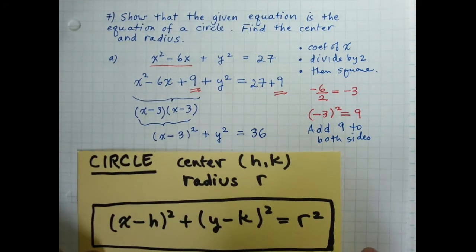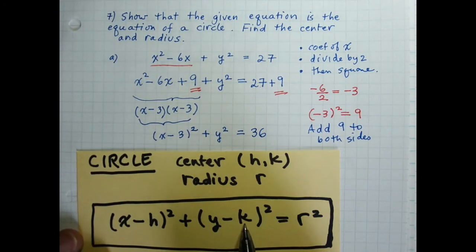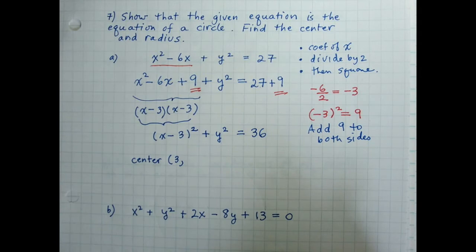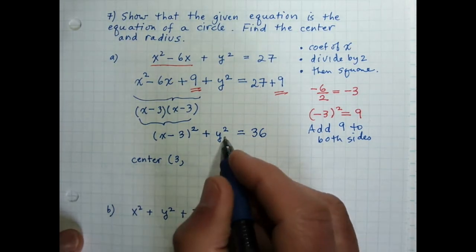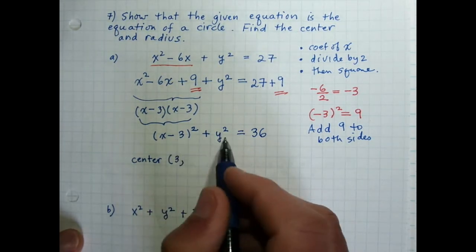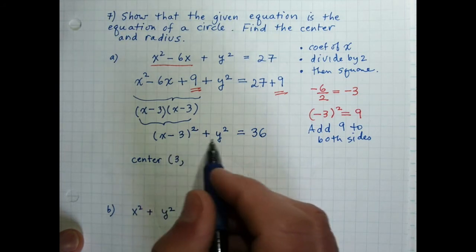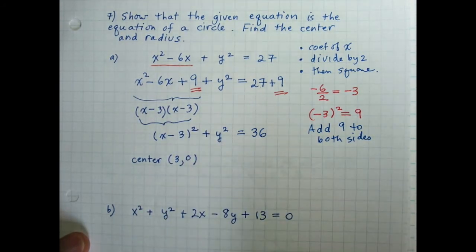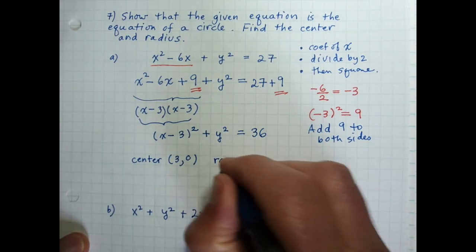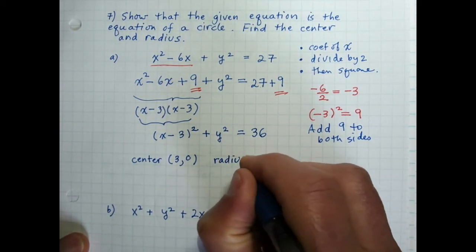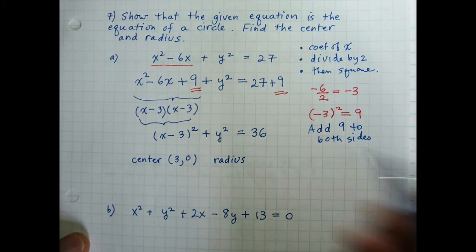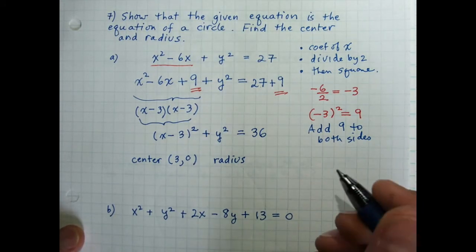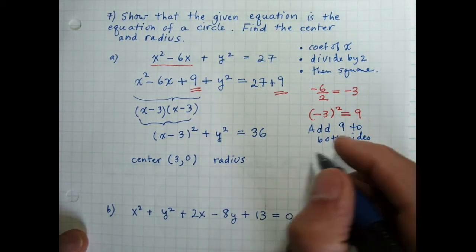When you have y squared by itself, it's just like k is equal to 0. It's similar to a circle centered at the origin, but here we don't have both center coordinates 0, we just have the y coordinate 0. So the center's at 3, 0, and the radius is going to be the square root of 36.